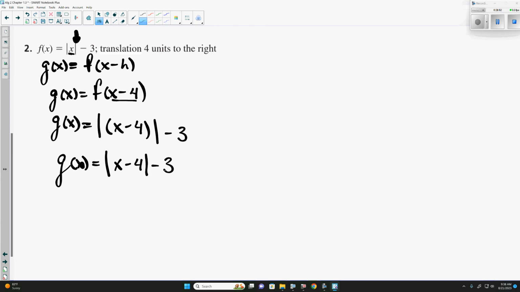Now there's nothing in front between the absolute value bar and that first parentheses, so we can go on and just drop the parentheses. We don't need them. And that's as simplified as it gets. Because of the absolute value bar, we can't get that negative 4 out, and we can't bring the negative 3 into it. This is as simplified as it gets.